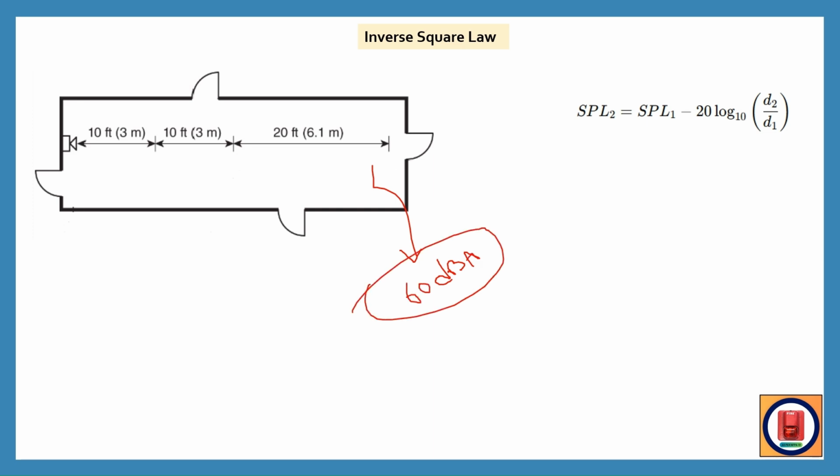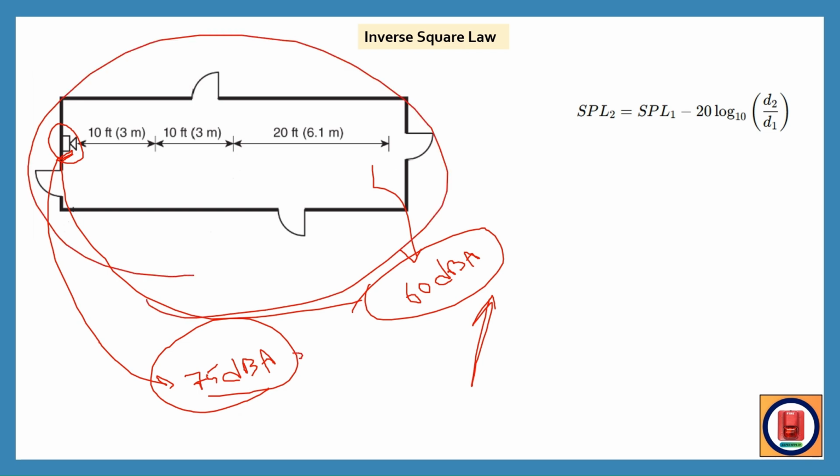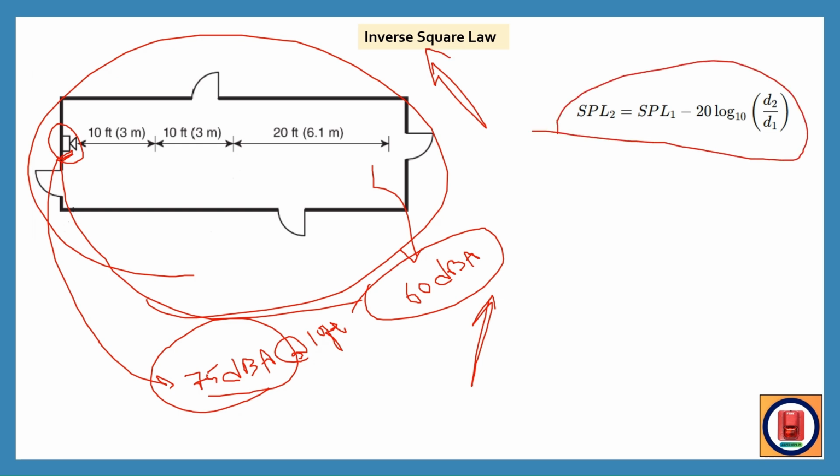So this will be the minimum requirement, and we are going to select 75 dBA horn and check whether this will satisfy the 60 dBA minimum requirement for the entire room. So before we discuss about this, we need to understand the inverse square law formula. This is the formula you can see on right hand side of the screen.